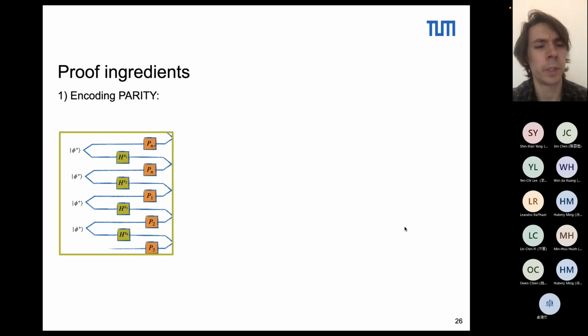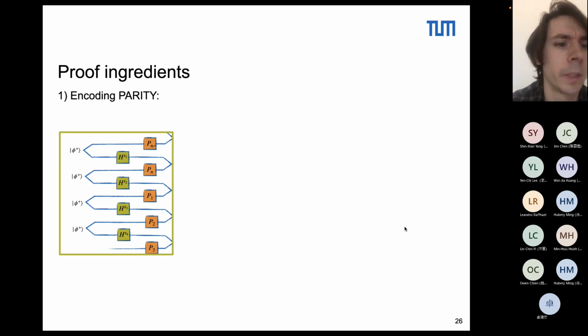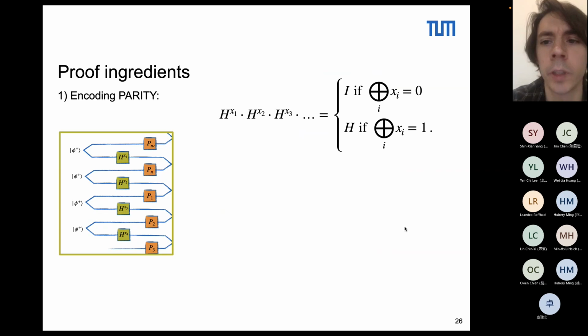So, encoding parity. This is maybe the most central part of the argument. For one subpart of our circuit, the inputs are going to be either a Hadamard gate or the identity gate. And the product of those gates is going to be either equal to identity or equal to Hadamard.